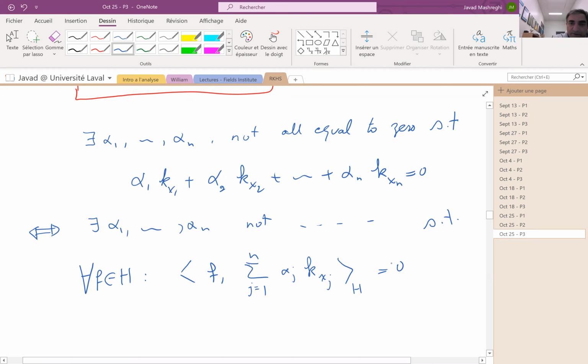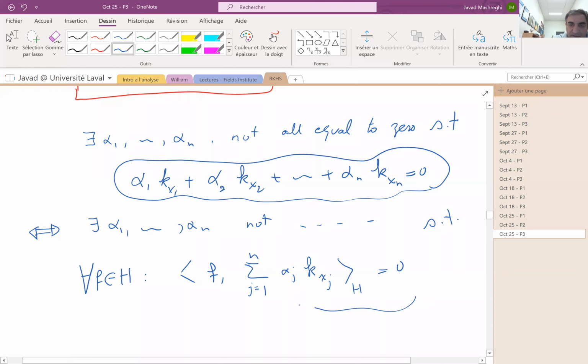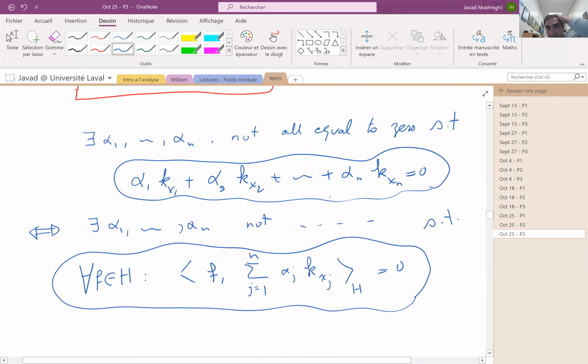In other words, I replaced this identity being equal to 0 by being orthogonal to all elements in the Hilbert space. Something is 0 if and only if it is orthogonal to everything.